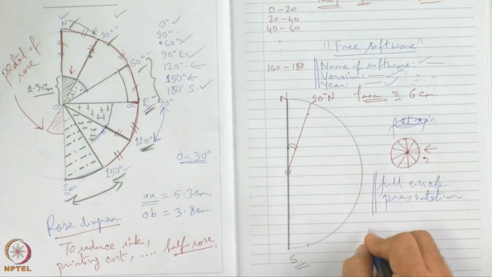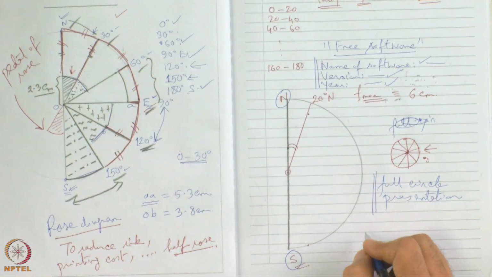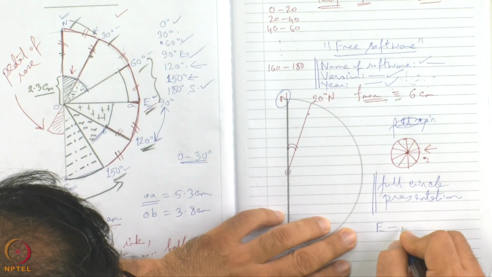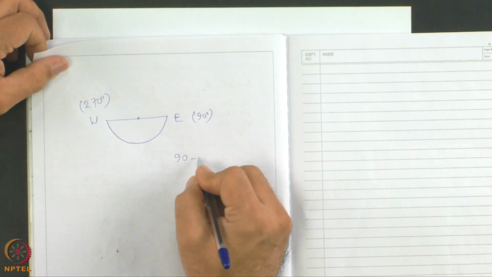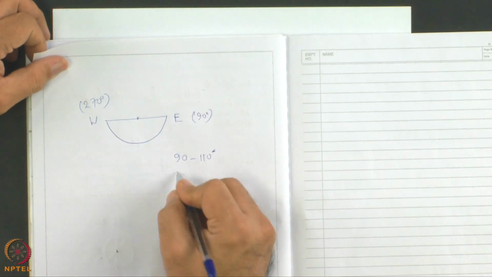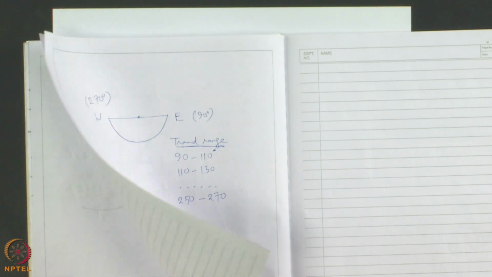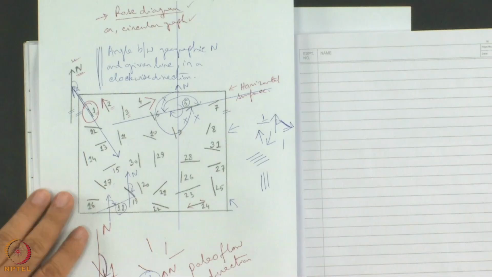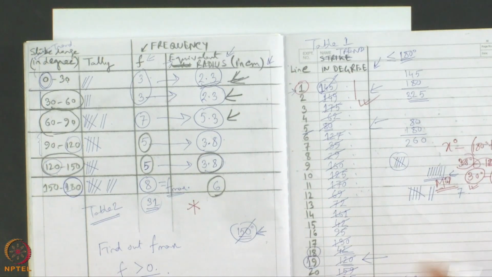Can we create a rose diagram not starting from 0 degree and ending at 180 degree, rather starting from say east and ending at west? Have the range of trains in this way, 90 to 110 degree. So, to do this exercise, and it is important that students must do it by hand on paper, not just using the software directly, you start with the same data set and you already have table 1.